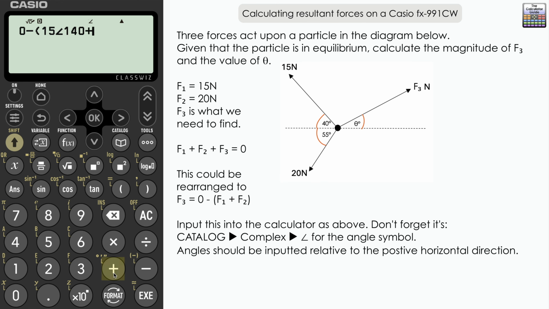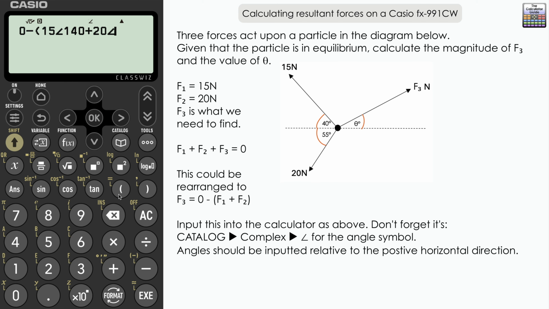Once again, it's adding these forces together, so plus, and now the 20 Newton force, catalog, complex, and the angle. Then, well, we've got two options on the second angle here. Again, we want it relative to the positive horizontal. I'm actually going to do it as a calculation, just to show you that you can do that if you're not sure.